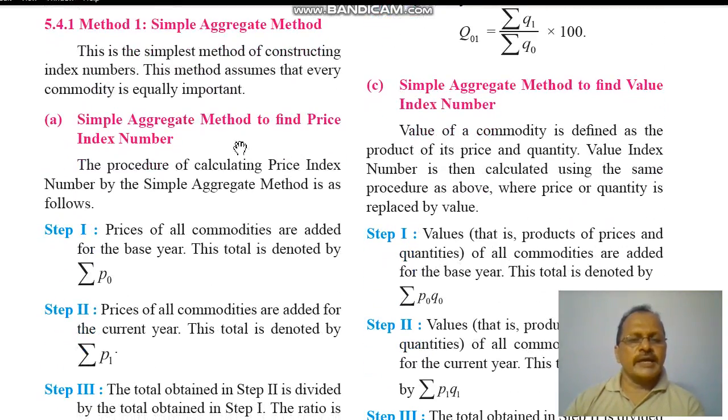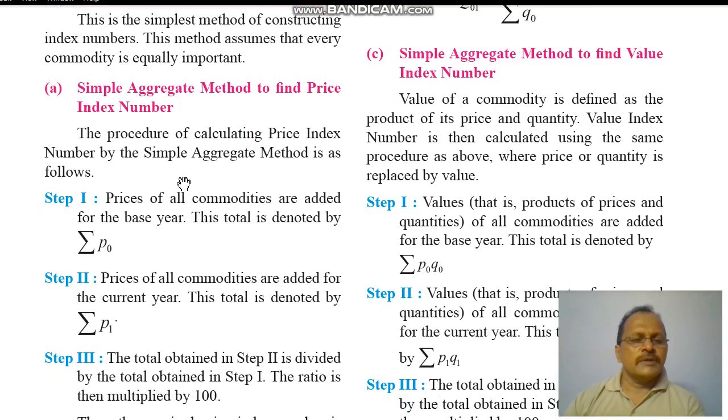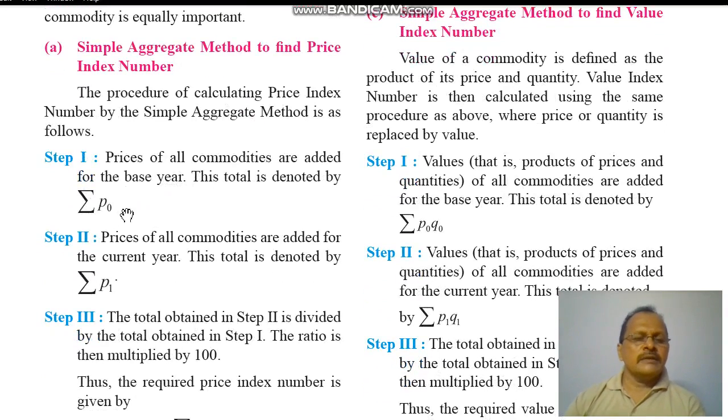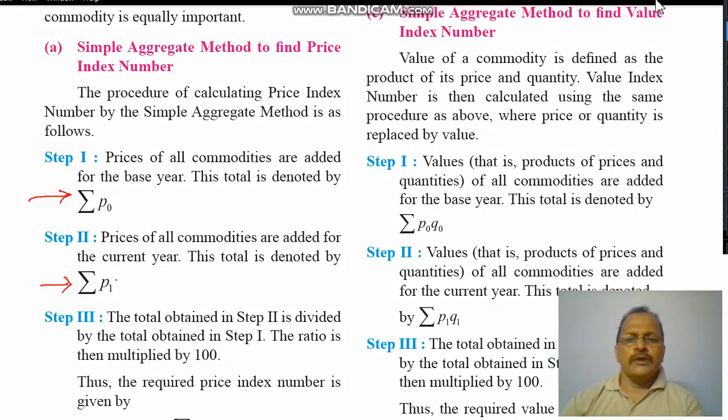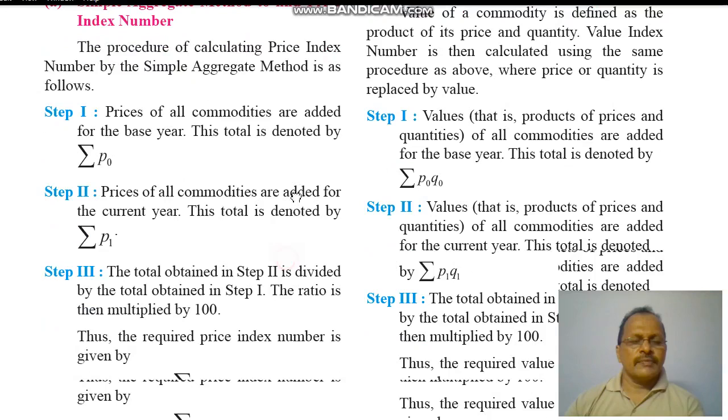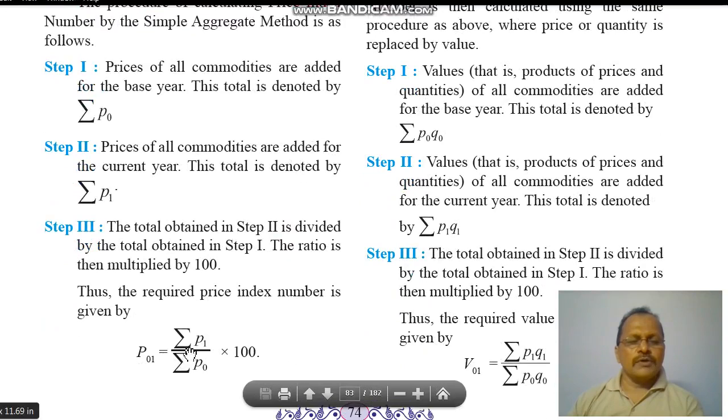Using this simple aggregate method, if we want the price index number, then take the summation of the base prices, take the summation of current prices, and use the formula P01 equal to summation P1 upon summation P0 into 100.